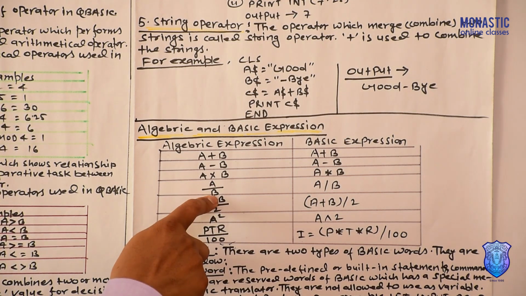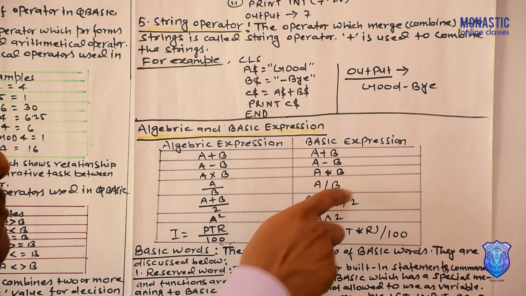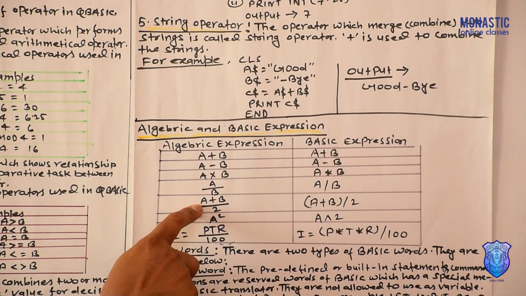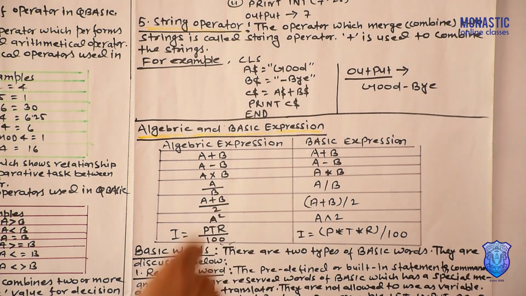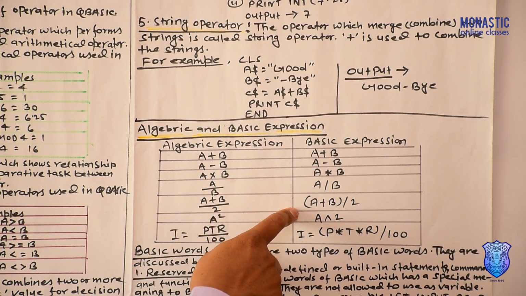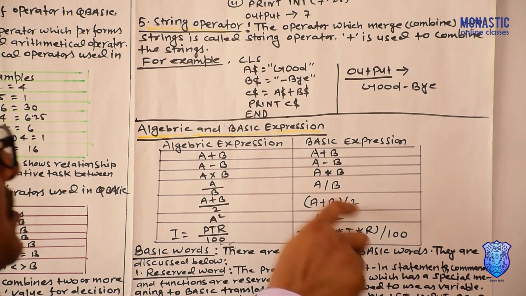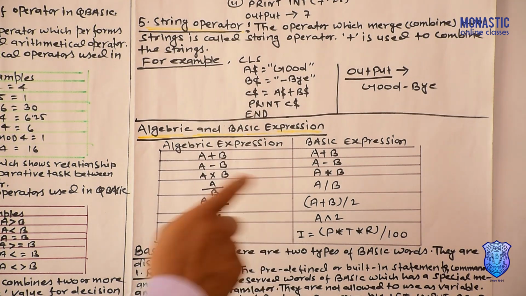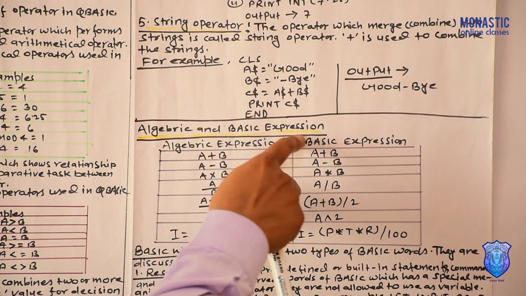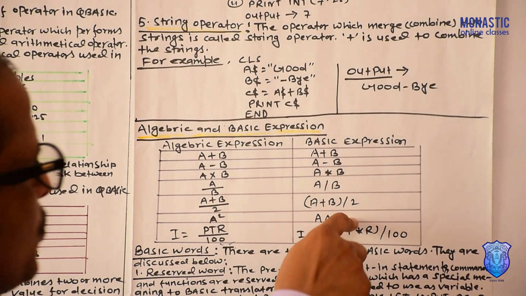Next is A by B. In mathematics it is written as a fraction, but in QBASIC it is written as A / B. Next, (A plus B) by 2 is written in BASIC as (A + B) / 2, with the sum in small brackets. Next, A square is written in QBASIC as A ^ 2.